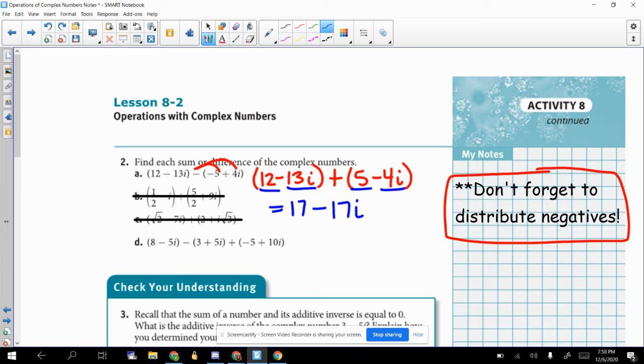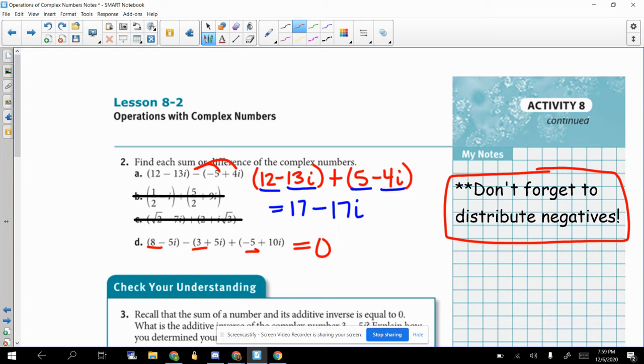minus 17i. Okay. All right, and then this last one, be careful because there is subtraction and addition. So maybe you want to take it in two steps here. Or you could just do 8 minus 3 plus negative 5 and combine all of those at the same time. So 8 minus 3 is 5, plus negative 5 is 0.